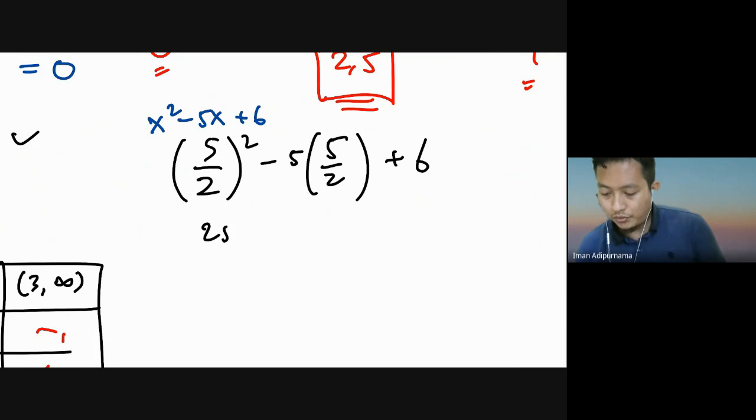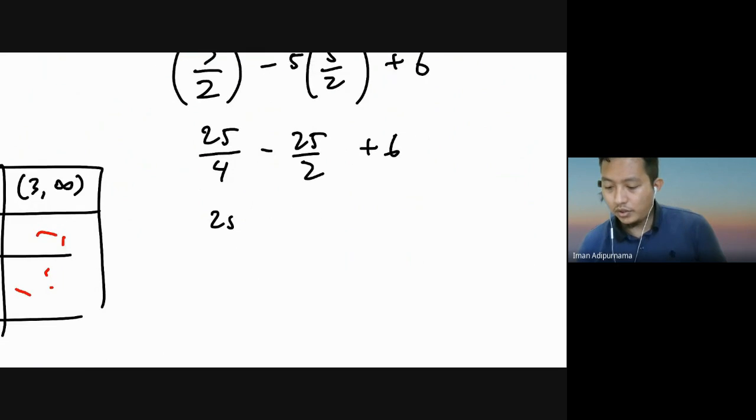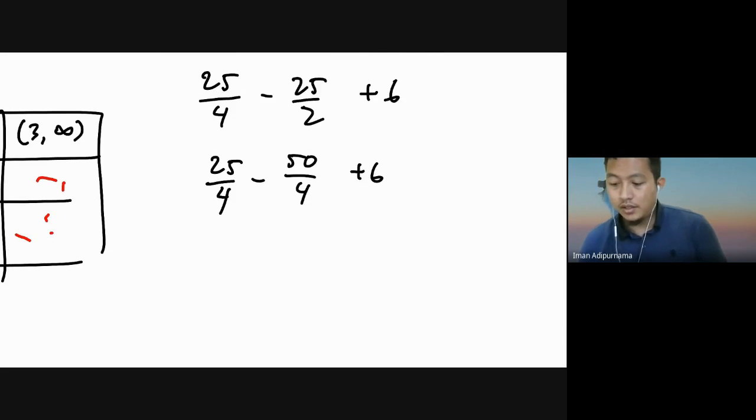This will be 25/4 minus 25/2. It becomes 50/4 if I multiply by 2 so that I can calculate it. So it will be negative 25/4 plus 6.